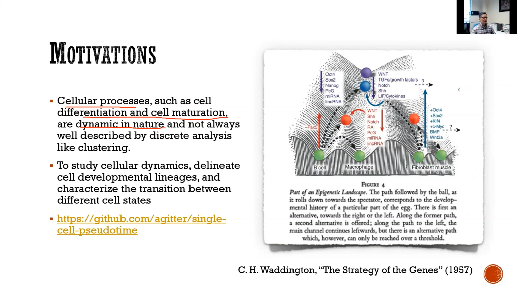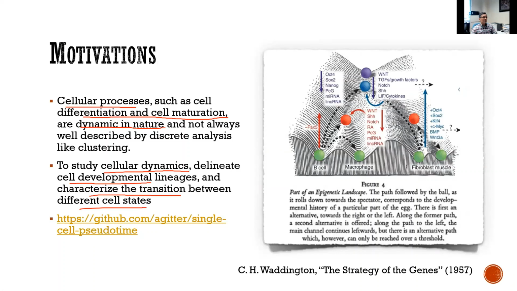You want to understand this to fully understand the regulatory control for the fate of the cells. This is a study of the cellular dynamics, and it is very important to do this in order to understand the cell development and characterize the transition between different cell stages.